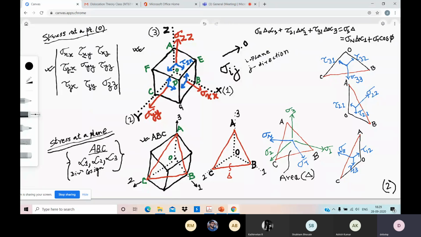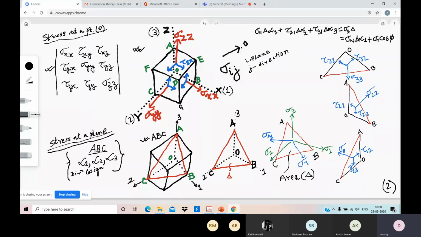What that means is, if you draw the normal to the ABC plane, and if the normal makes an angle theta 1 with direction 1, then alpha 1 is cos theta 1. Similarly, the normal makes an angle theta 2 with direction 2, so cos theta 2 is alpha 2. Similarly, cos theta 3 is alpha 3.